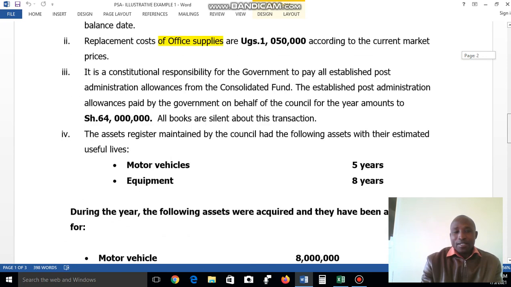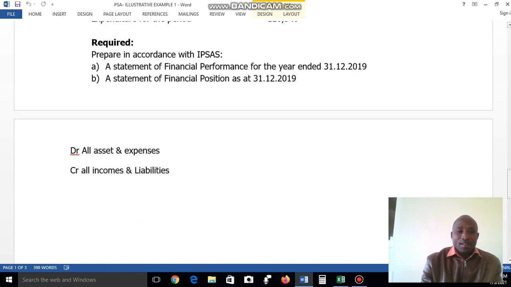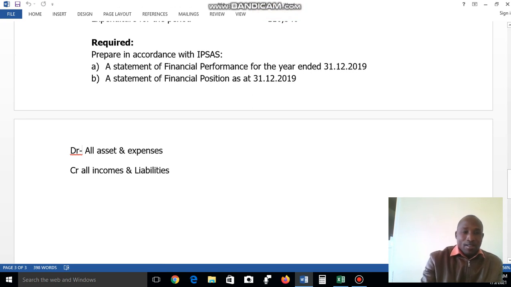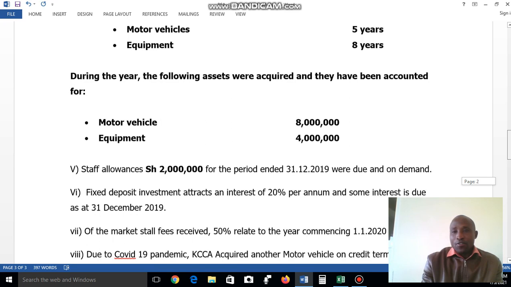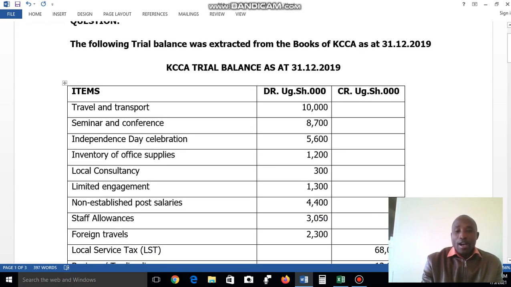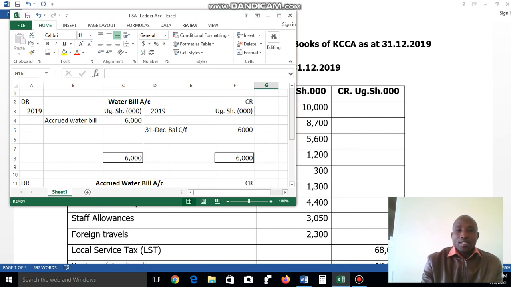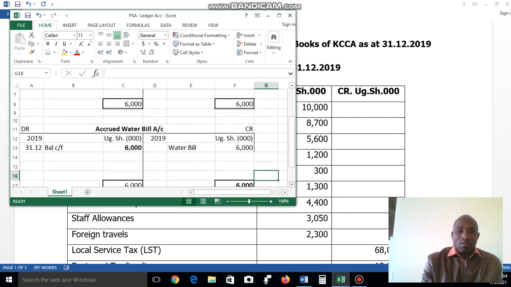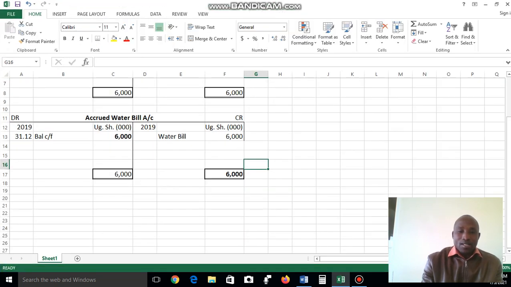Assets and expenses are debited; all incomes and liabilities are credited. So inventory of office supplies, because an inventory is a current asset, we have to open our account for inventory.